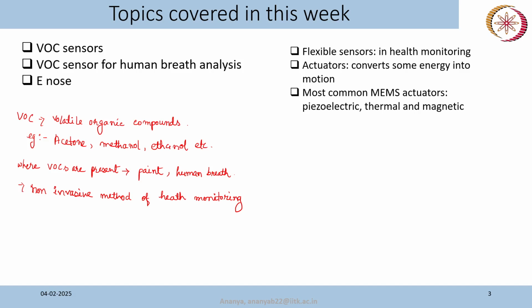So non-invasive methods are always preferable, and that is why human breath sensors are mostly useful in that way. You should also remember that if these sensors are used for health monitoring or biomedical purposes, they have to be very accurate and very precise.